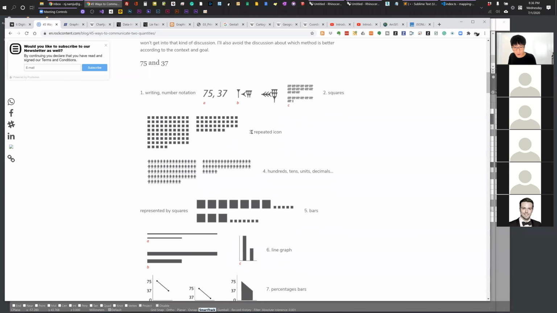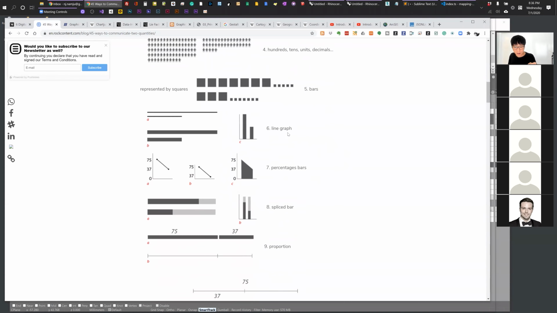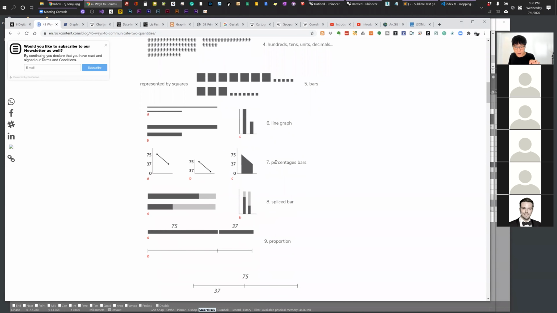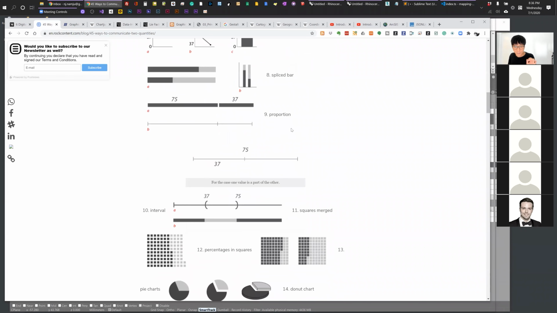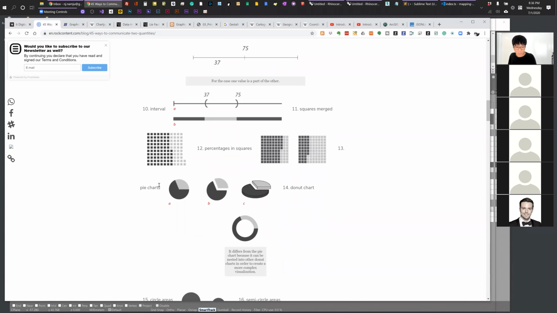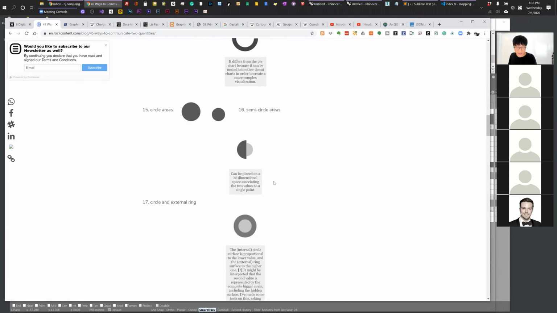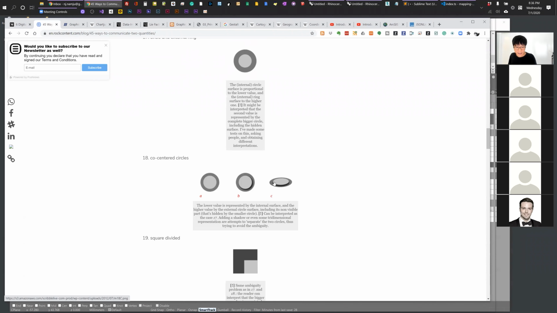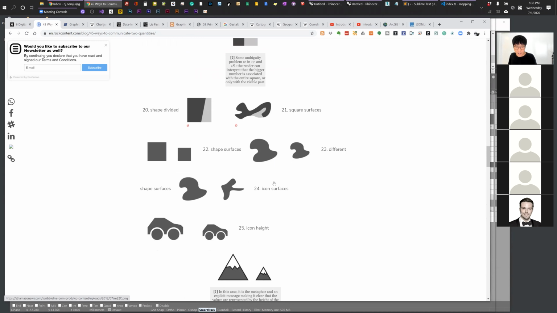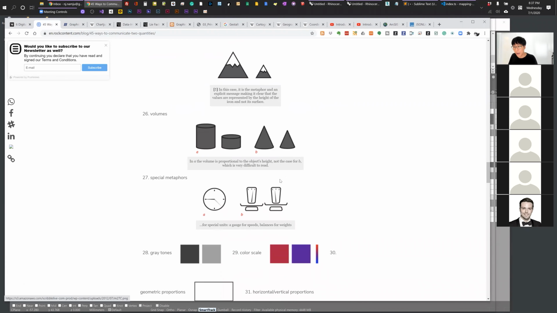We have the reflected icon or human unit, decimal, bar, line graph, percentage bar, proportion, pie chart, and focal area. Interesting, right? There are this many ways to just compare two different values.